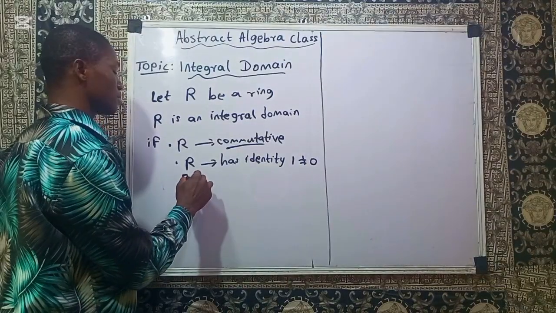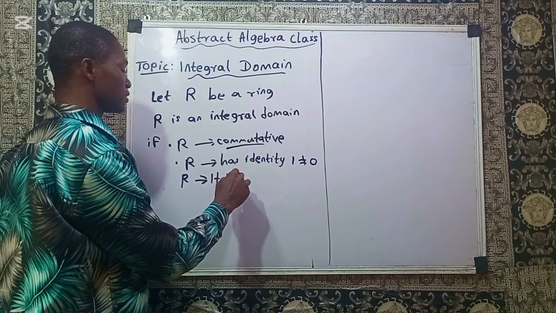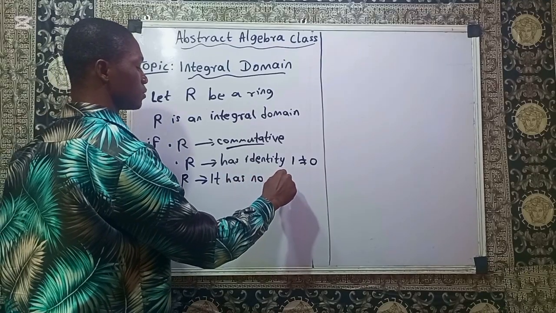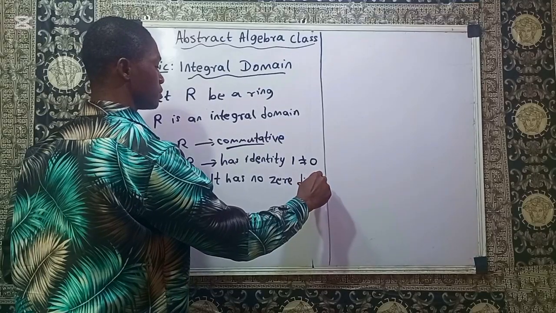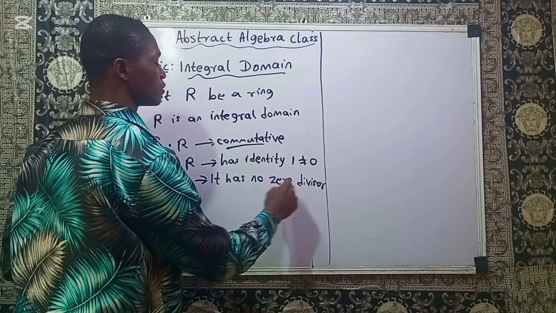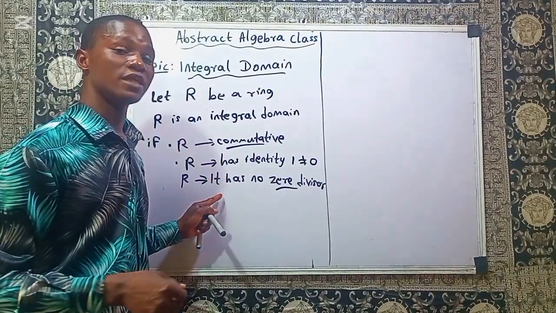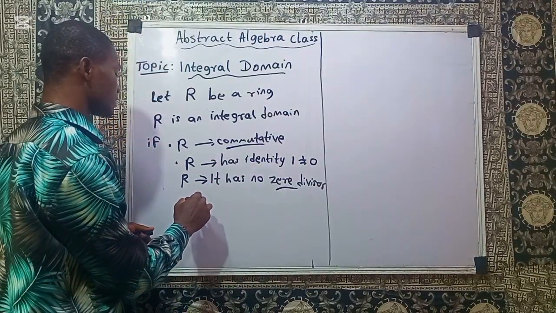Another thing about the ring is that it has no zero divisors. So in the ring there should not be zero divisors. What does this mean?